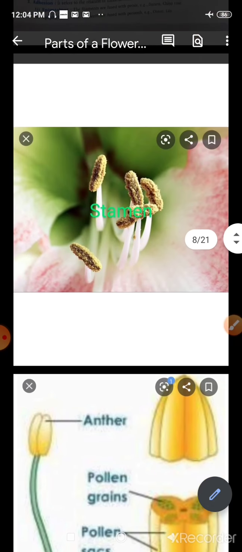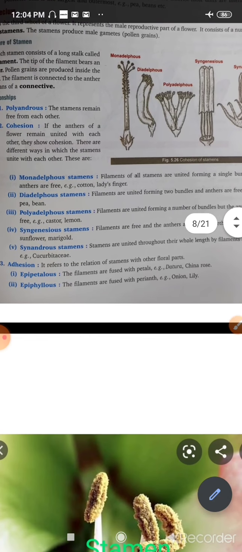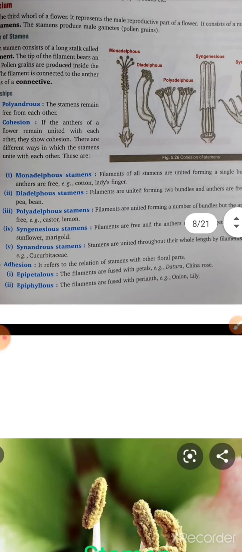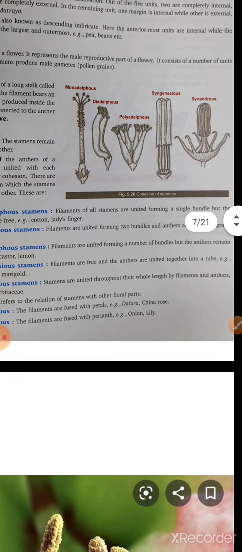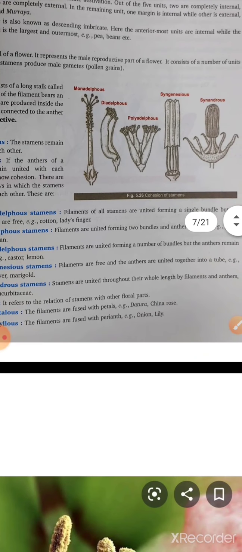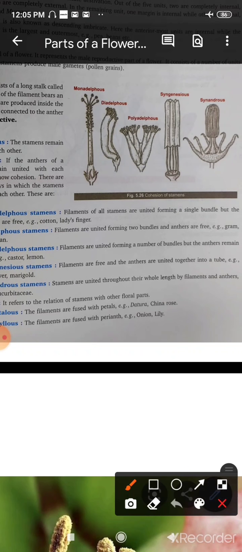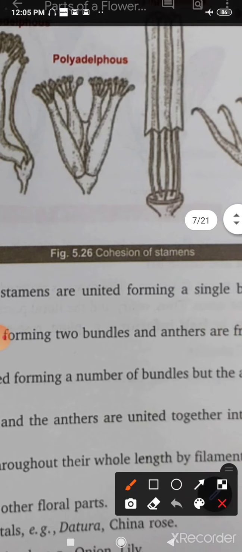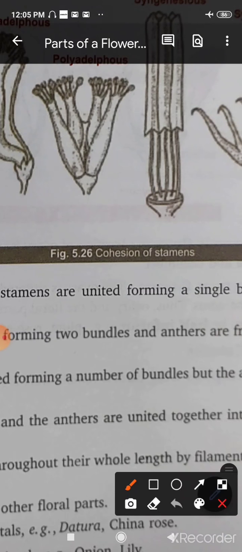We move to the next kind of stamen, and that is the polyadelphous stamen. Poly means many. Filaments are united forming a number of bundles, but the anthers remain free. Here in this diagram of polyadelphous stamens, you will see that the filaments are united and they form many bundles.